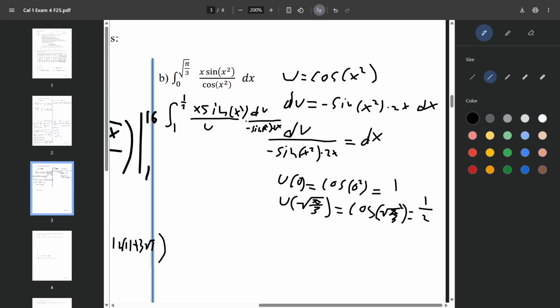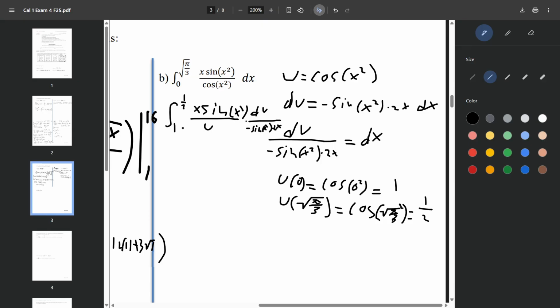So the sines cancel and the x cancels, so we're left with du over negative 2, and we're left with 1 over u in this case.